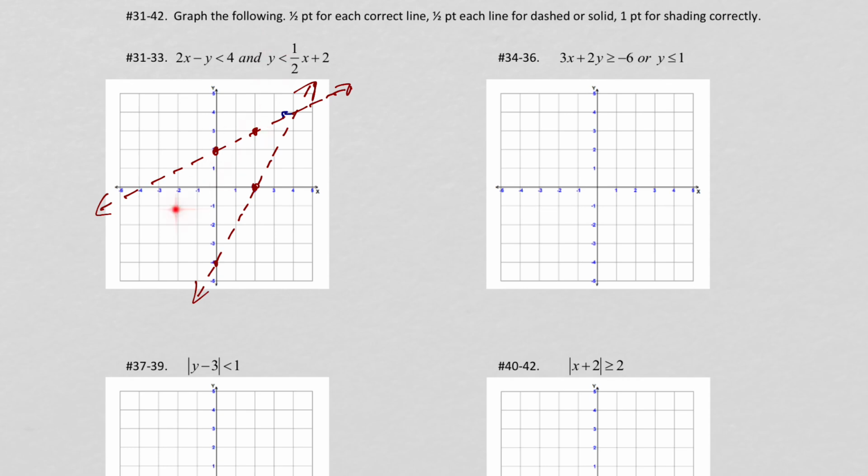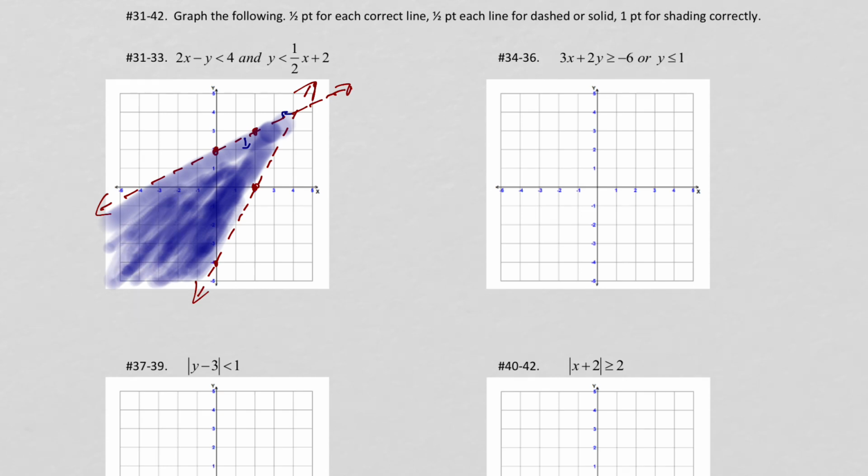So I'm doing the lower side of this line. So I'm looking for this side of this line and this side of this line, which is just this portion in here. So the intersecting portion is just the portion in here.